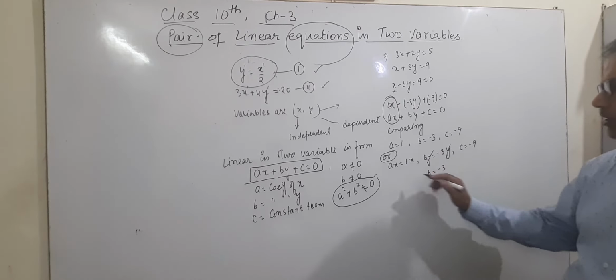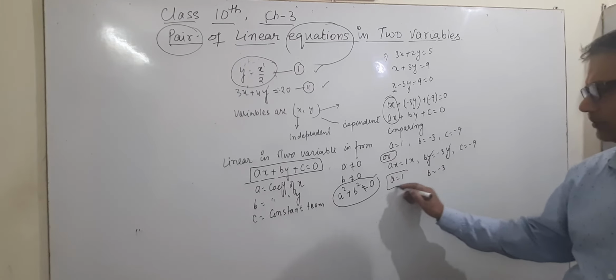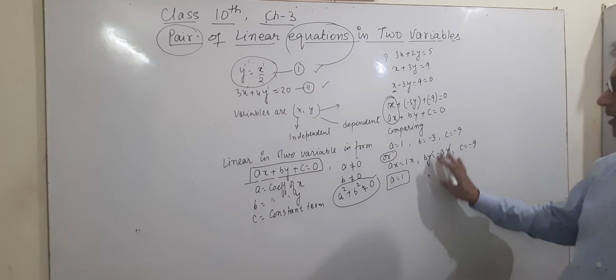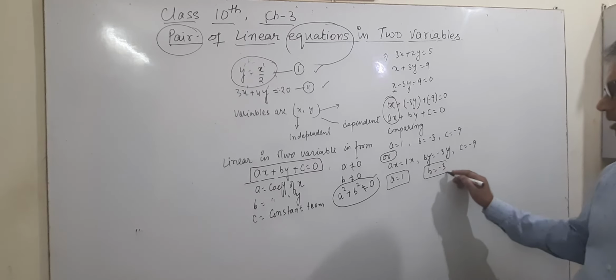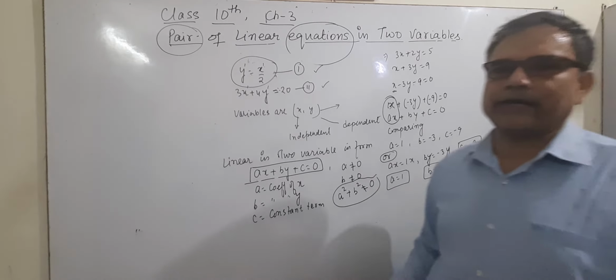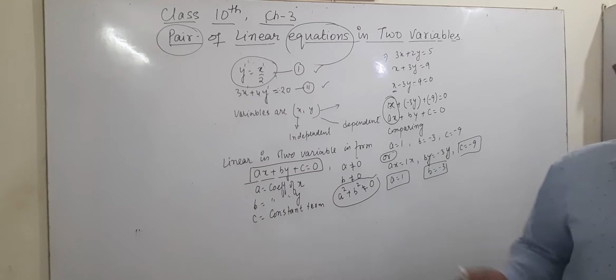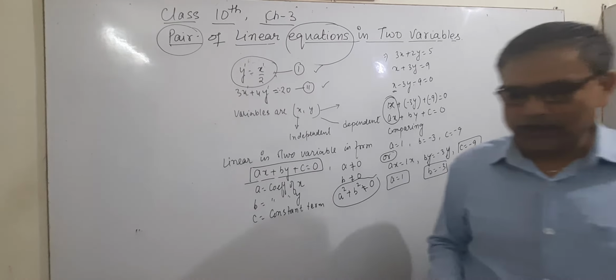Here x will be eliminated, then a is equal to 1, and b is equal to minus 3. This is the value of a, b and c on comparing. In this way we can find the value of a, b and c.